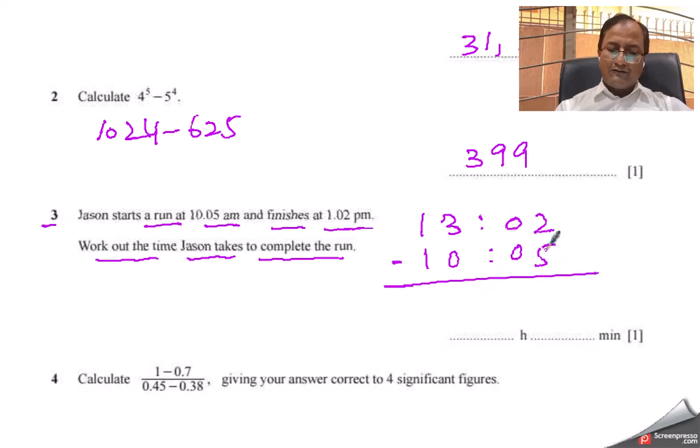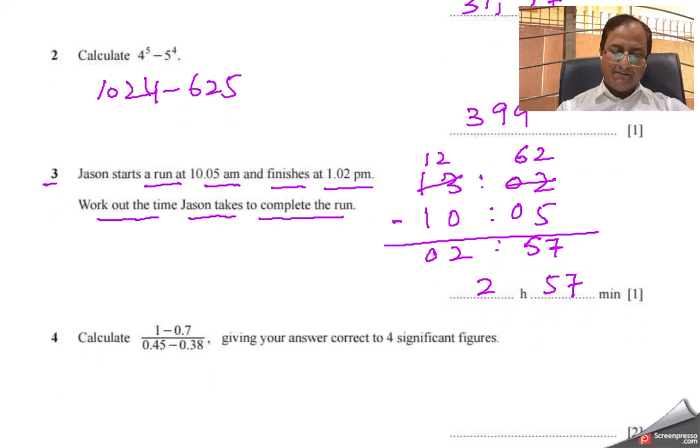As we know, 2 is less than 5, so we take 1 hour, it remains 12 hours, and we make it 62 minutes. When we subtract 5 from 62, it gives us 57, and then we have 02. It means 2 hours and 57 minutes is his journey time.